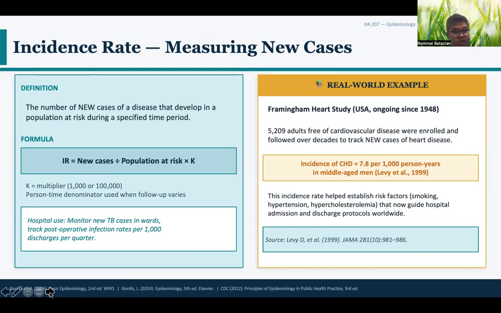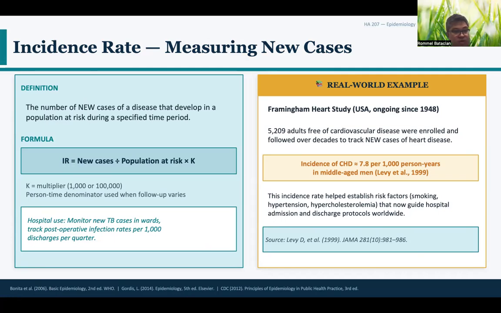The key word here is new. We are not counting people who already have the disease, only those who newly develop it or were newly diagnosed. So the formula for this would be new cases divided by population at risk times K, wherein K is a multiplier, usually 1,000 or 100,000, depending on the per population that you would like to standardize your rate.